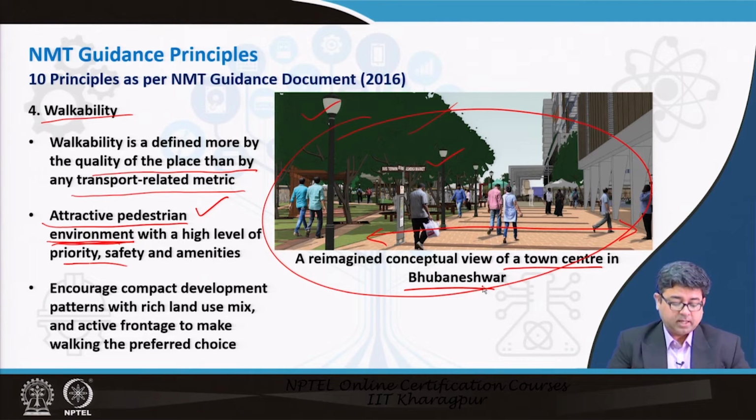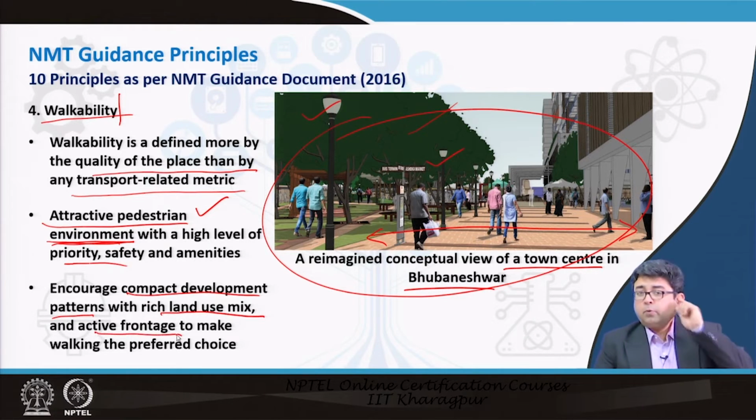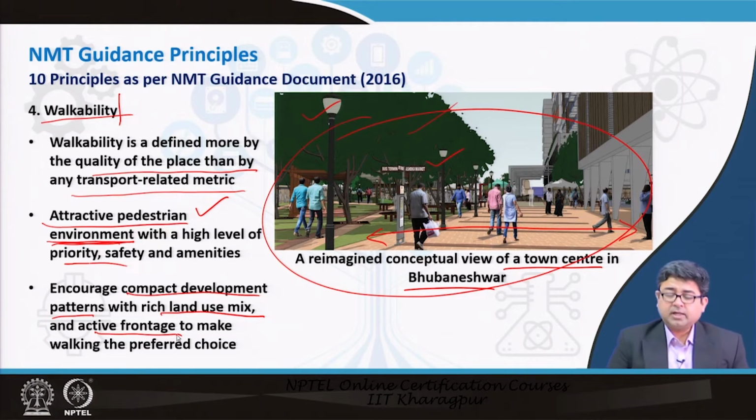Another aspect of improving walkability is to have compact development patterns with a good mix of land uses and active frontage. What we mean by active frontage is that if you make the front entrance of the building adjacent to the pedestrians, then they are encouraged, and the safety levels also go up.